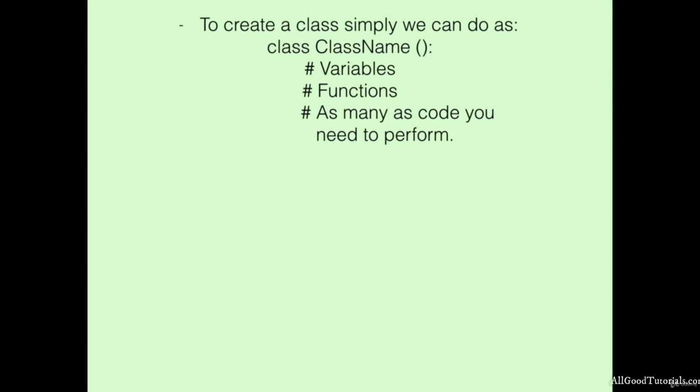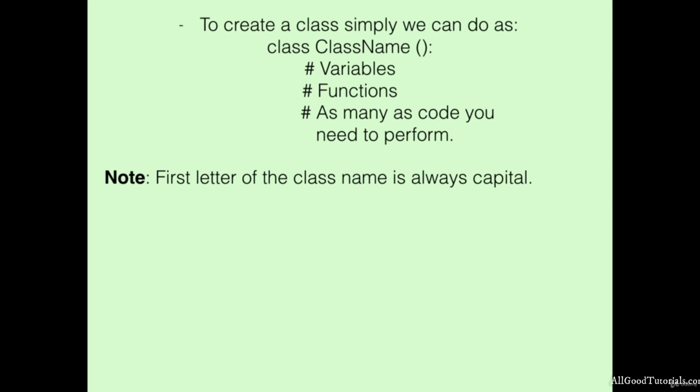To create a class, simply use the keyword class, your class name, parentheses, colon. Then you can put your variables, functions, as much code as you need to perform. Note, the first letter of the class name is always capital.